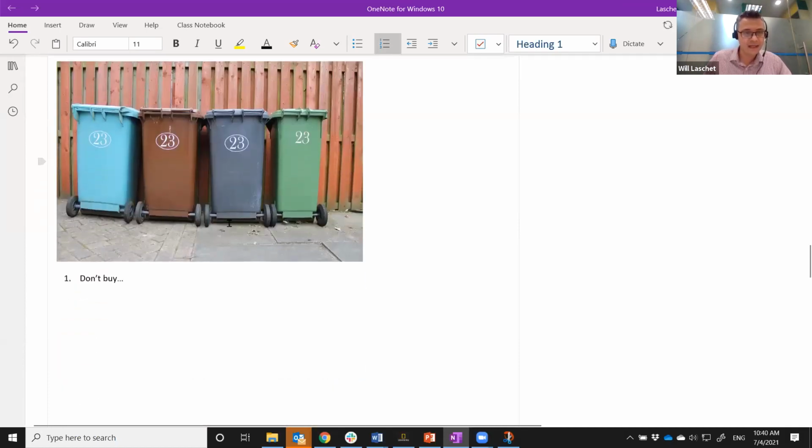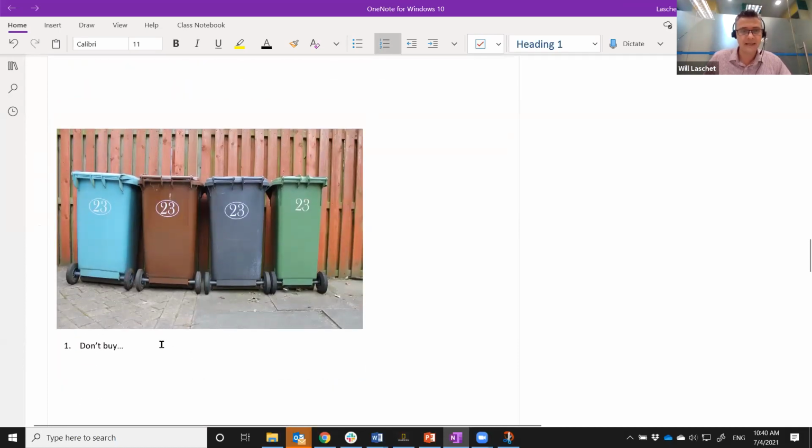Let's try another one. Here we've got bins. What can we think of for bins? How can we help the environment? Something related to these bins. So, don't buy plastic products. Good. What else could we do? Separate the garbage. So recycle.